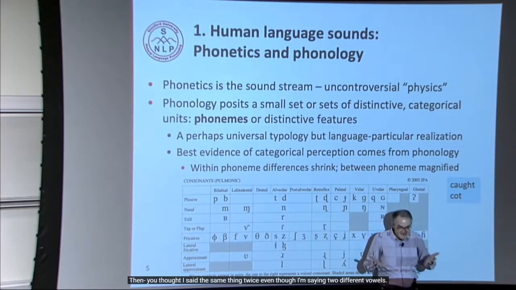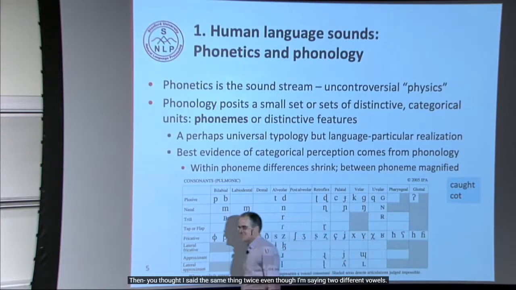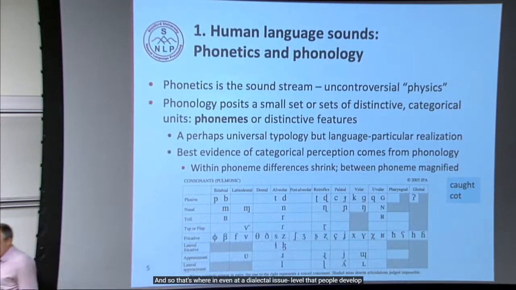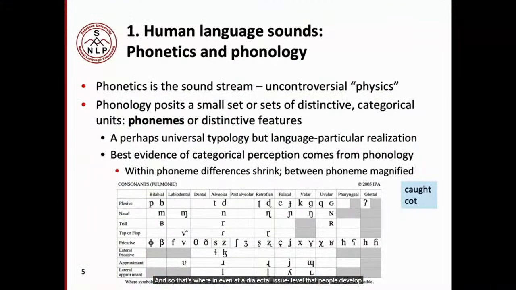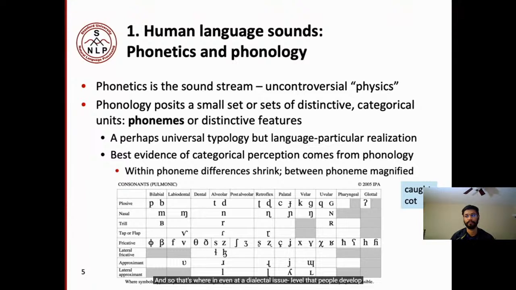You thought I said the same thing twice, even though I was saying 2 different vowels. So even at a dialectal level, people develop categorical perception as to which distinctions in sounds they are sensitive to or not sensitive to.